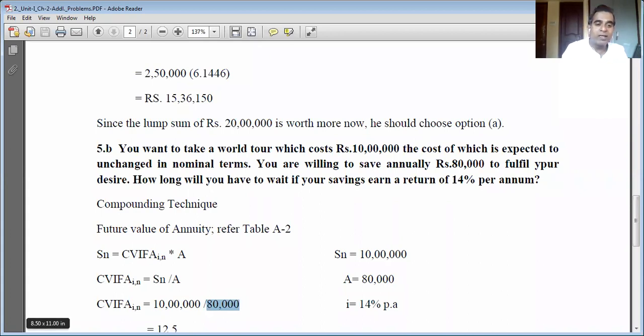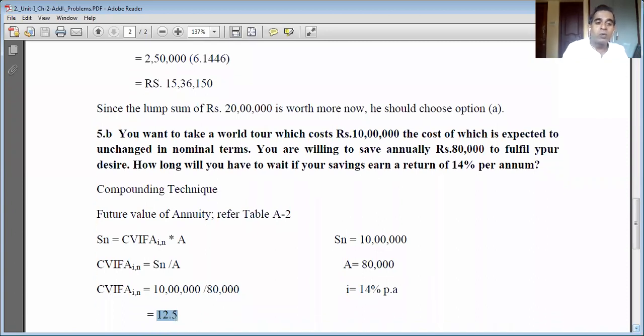What I get is something like a payback period: 12.5. So 12.5 is nothing but the compound value interest factor of an annuity. So we found it.